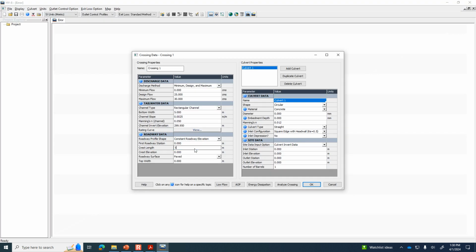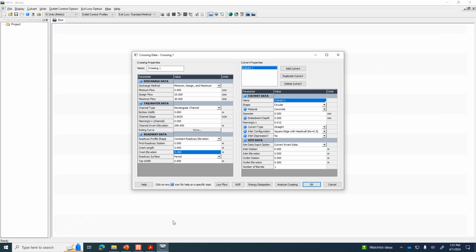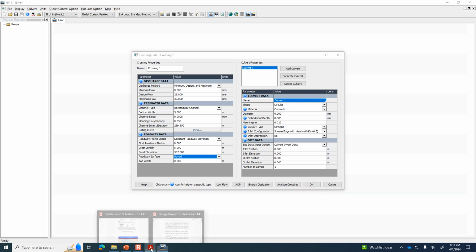So 5 meters for the crest length. The crest elevation is 307. That's the height of the roadway surface, 307. It's paved up the top, and then the top width.